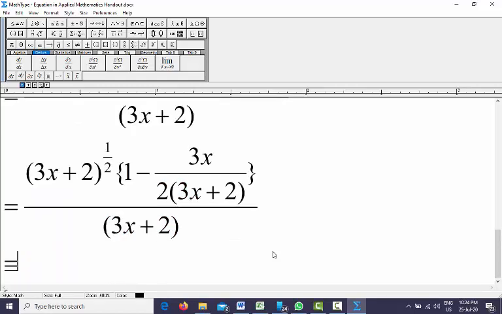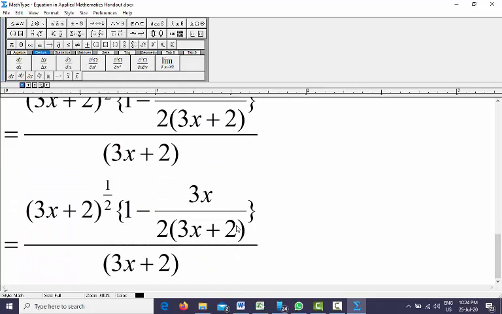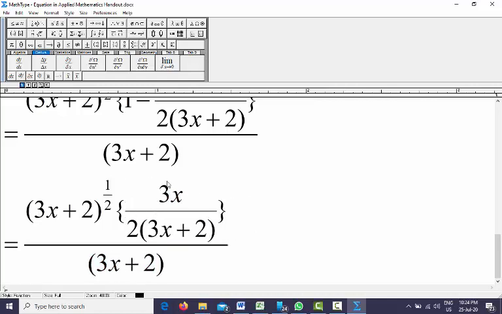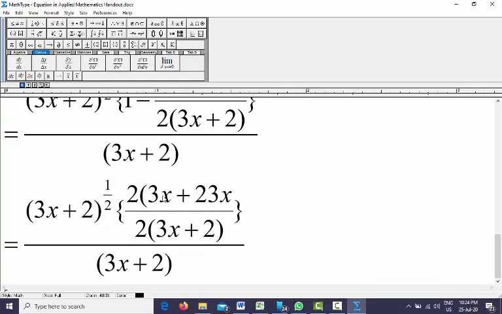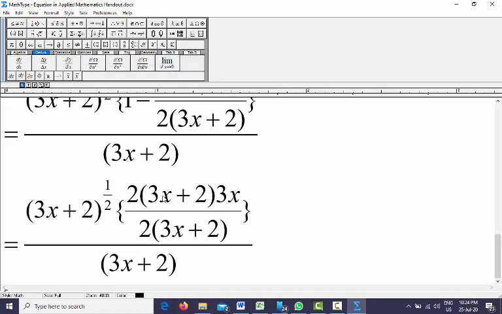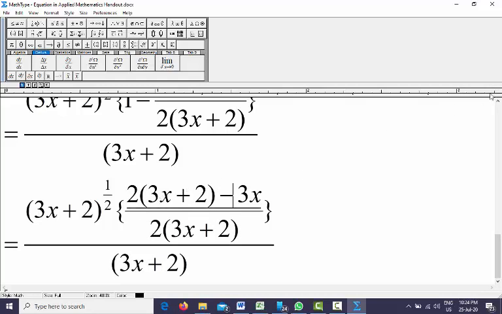Now we can solve this part. If you solve this part, 2 into (3x + 2) can be taken as the LCM.